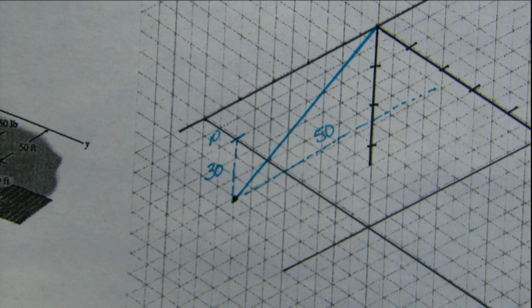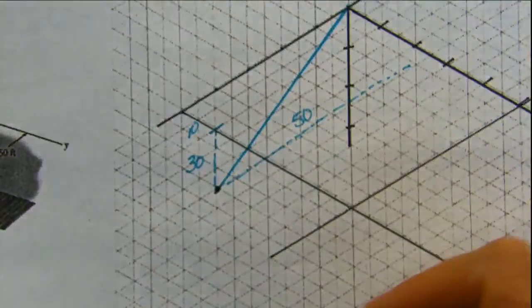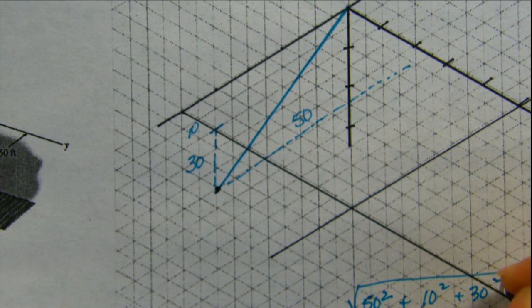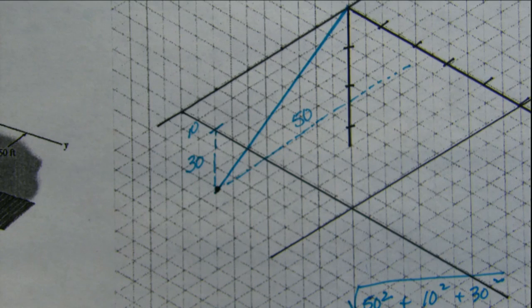We can calculate the magnitude of that, which is easy now, because this is 10. So the magnitude is going to be 50 squared plus 10 squared plus 30 squared for that vector.